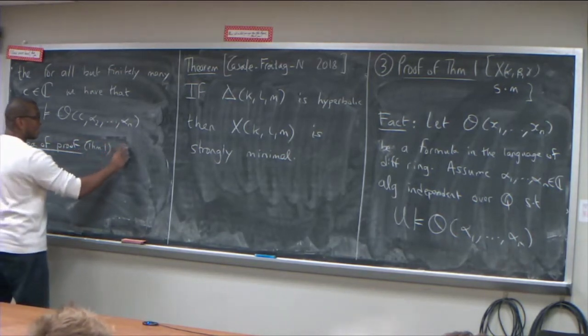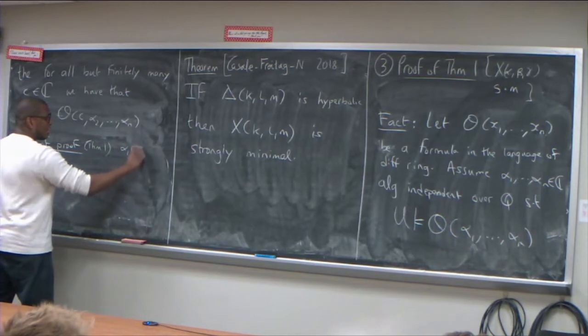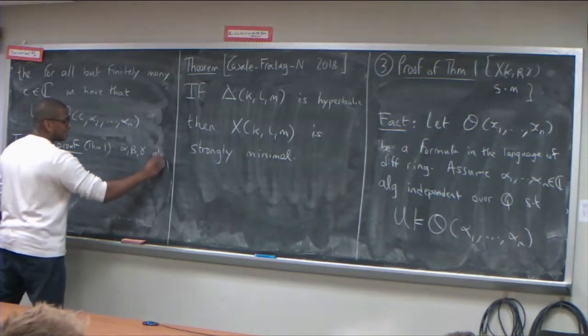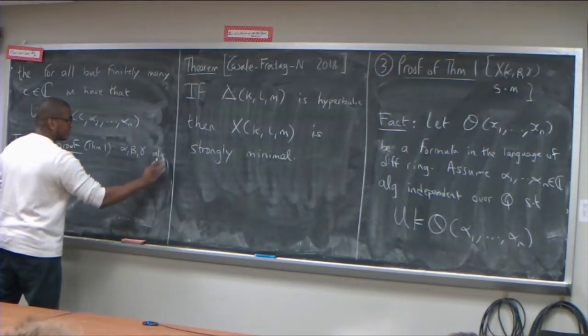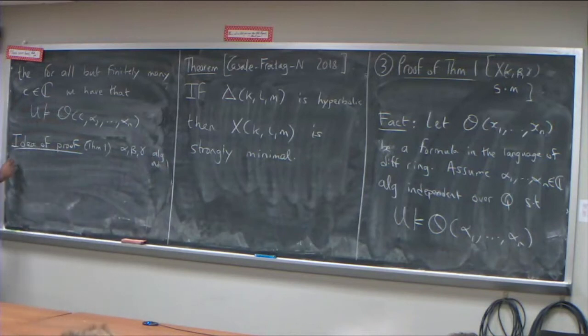So alpha, beta, gamma are algebraically independent. So for contradiction, I assume that it's not strongly minimal.